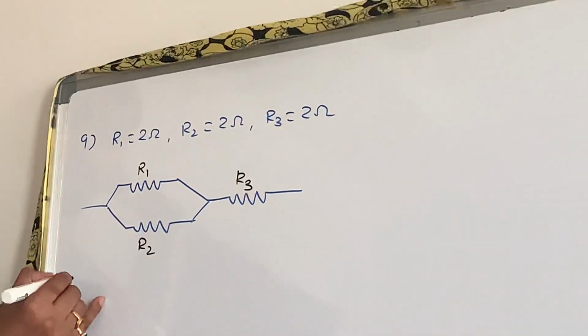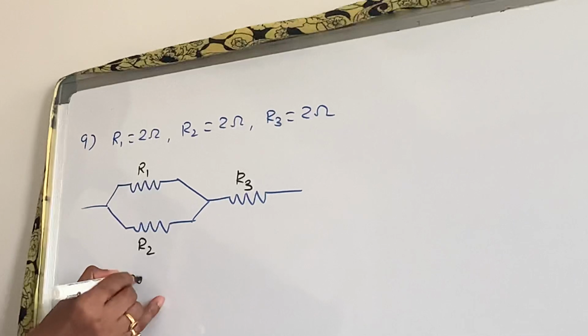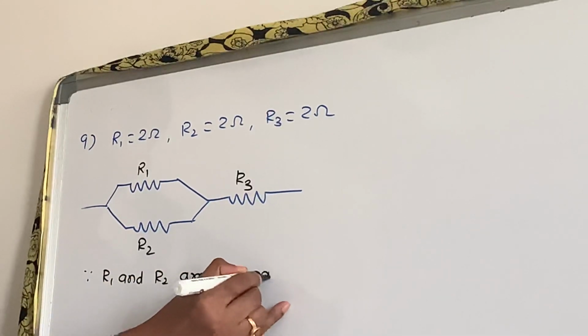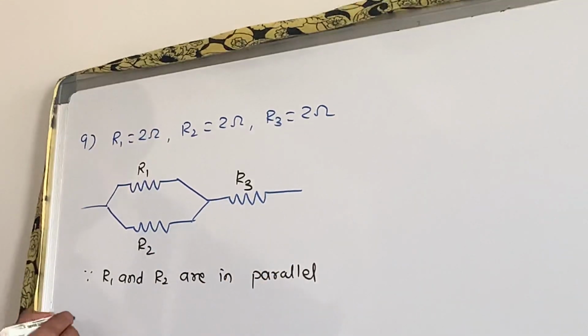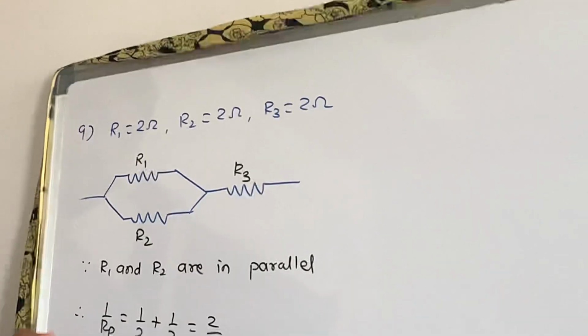Now just check. Since R1 and R2 are in parallel, how are they connected? Parallel. So 1 by Rp is equal to 1 by 2 plus 1 by 2, that is 2 by 2. So we can write here Rp is equal to 1.